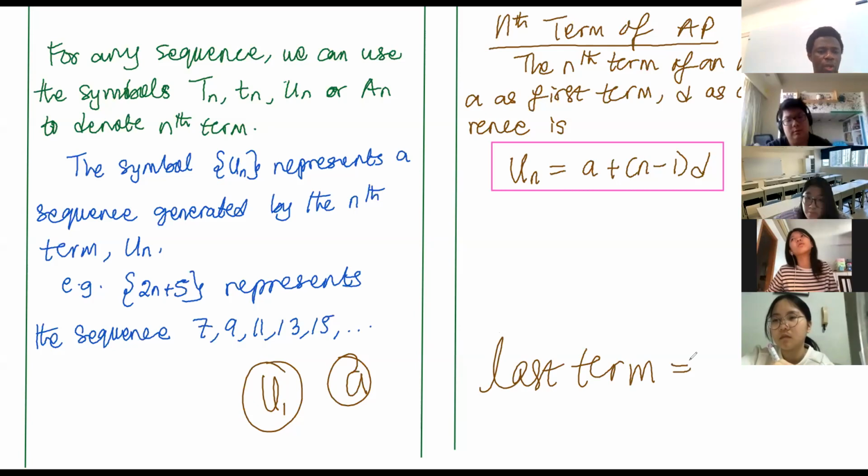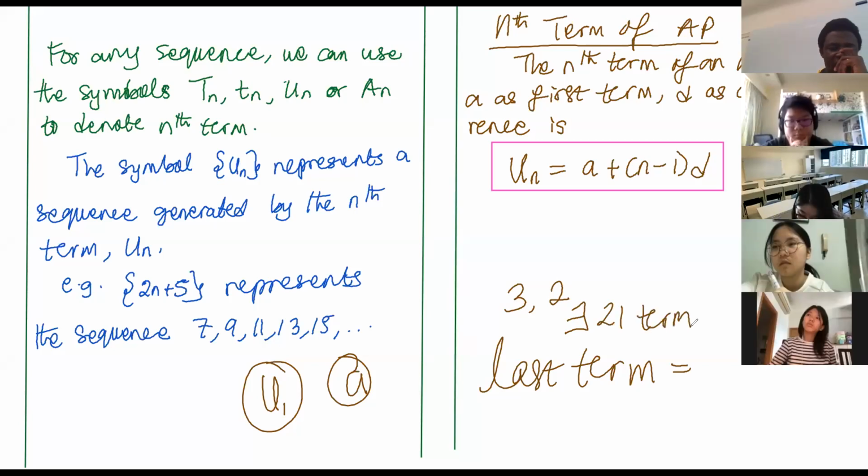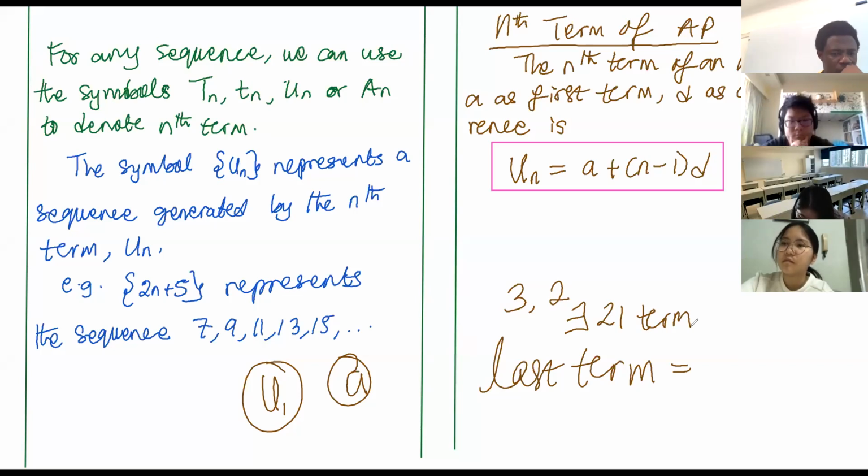If I give you, for example, the first term of the AP is 3, the common difference is 2, and there are 21 terms in the AP, how do you find the last term? Anybody? How do you find the last term?